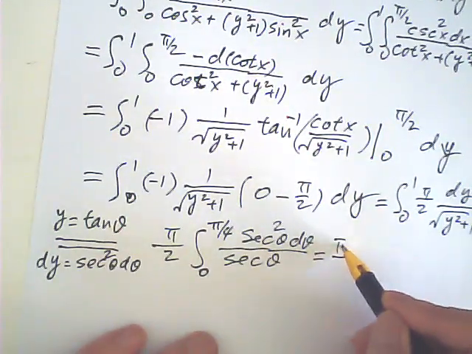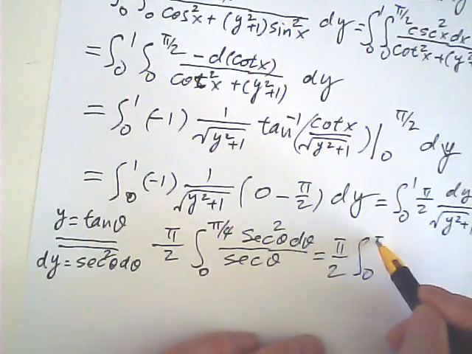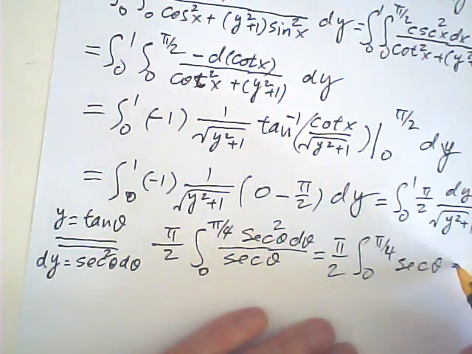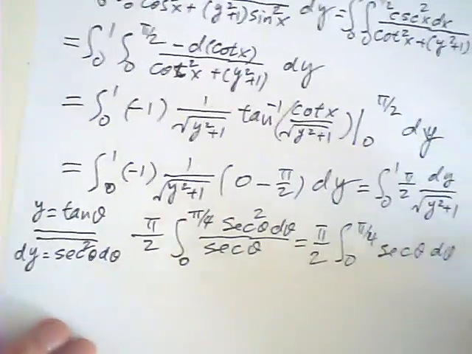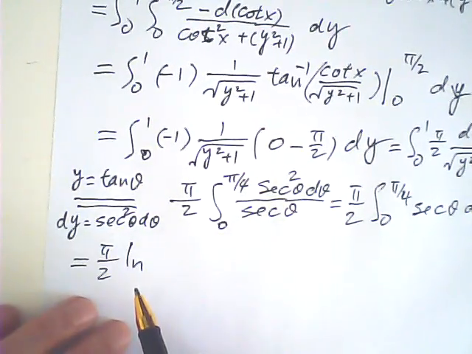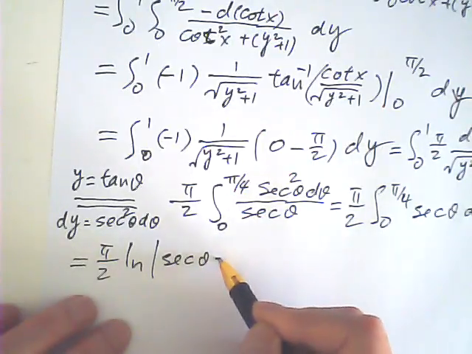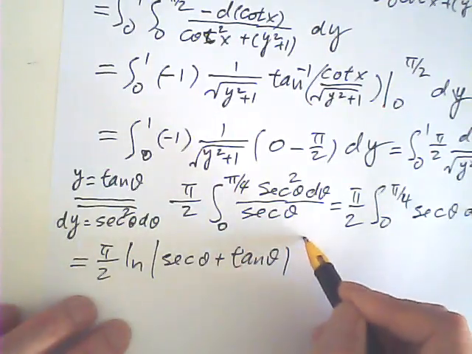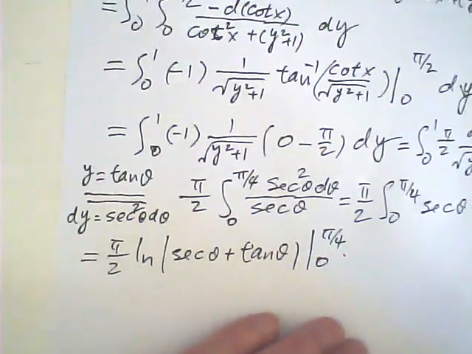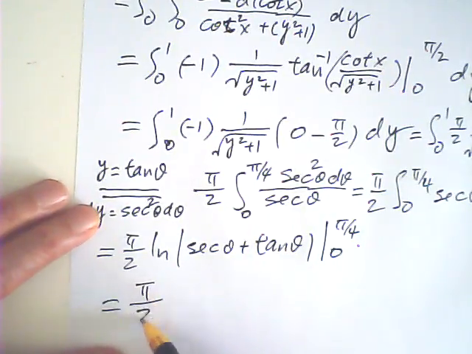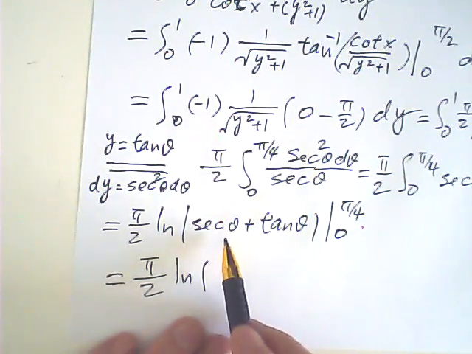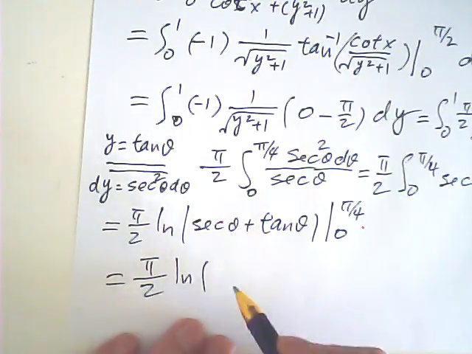So this one equals half pi times the integral from 0 to quarter pi of secant theta d theta. That integral is basic, so it's half pi log of secant plus tangent, right, from 0 to quarter pi. This one equals half pi natural log of secant quarter pi, which is root 2, right?